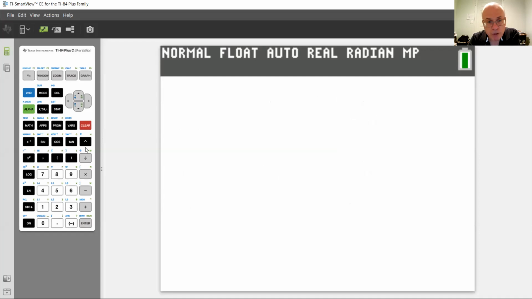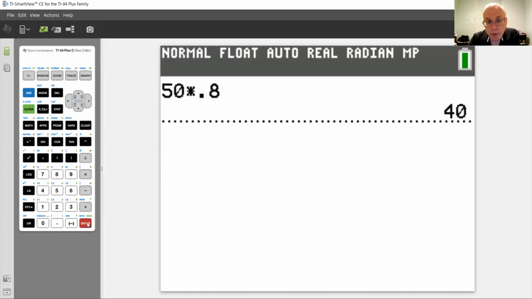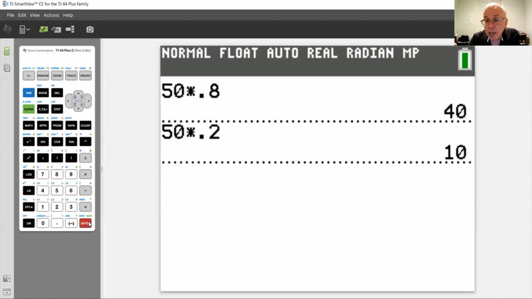So 50 times 0.8 is n times p, that's 40, bigger than 10. Then 50 times 0.2, that's n times 1 minus p, that's 10, which is greater than or equal to 10. So it's barely good enough. Remember, both have to be greater than or equal to 10. We can do the hypothesis test.